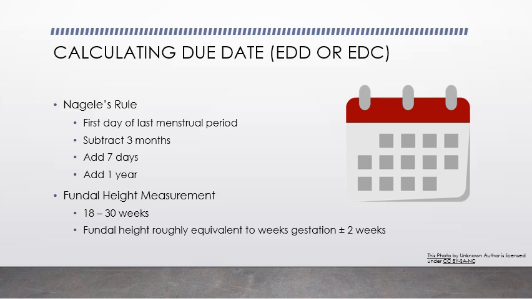Then they would palpate the top of the fundus and they would read that measuring tape at however many centimeters that is. Between the weeks of 18 and 30, the fundal height roughly is equivalent to the week's gestation, but again, plus or minus 2 weeks.